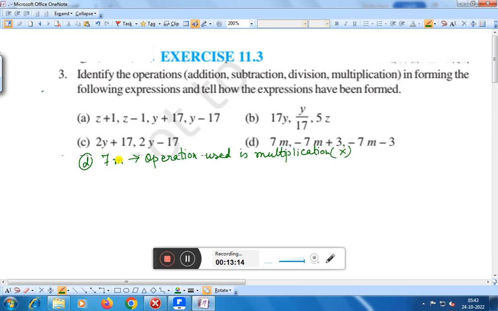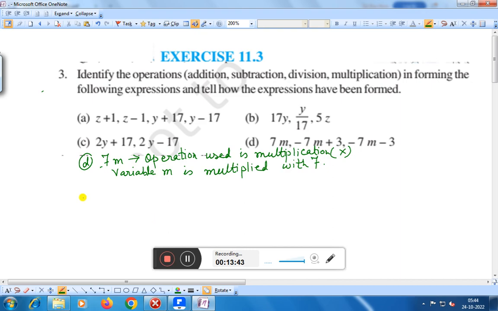And we can say that variable m is multiplied with 7. In this way the expression has been formed.